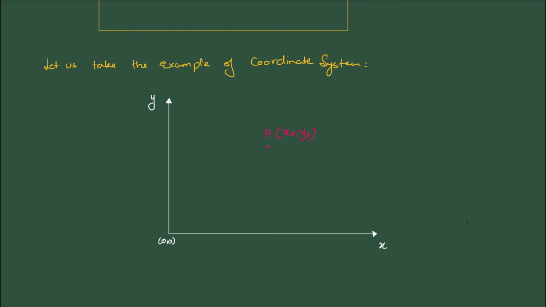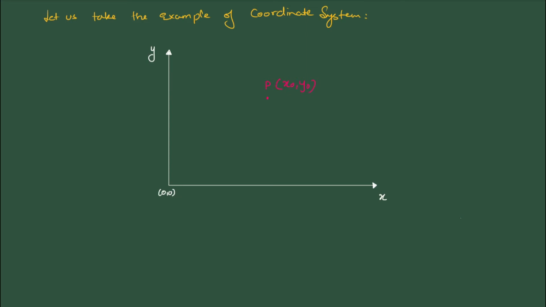Then let me draw a line from the origin to this point P, and let me highlight this arrow.